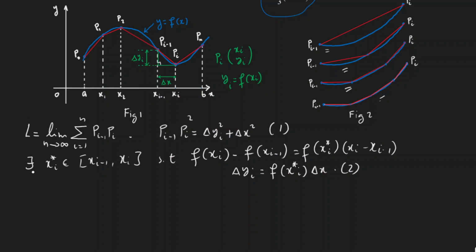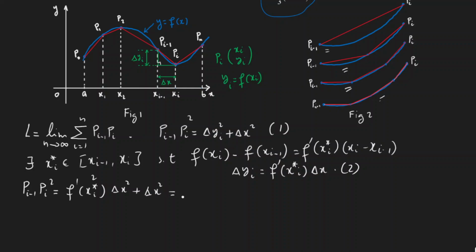If we replace that, we'll have Pi minus 1 Pi squared equal to f prime, I'm sorry, this is f prime of xi star squared times delta x squared plus delta x squared.